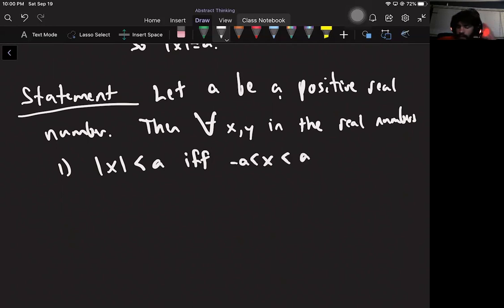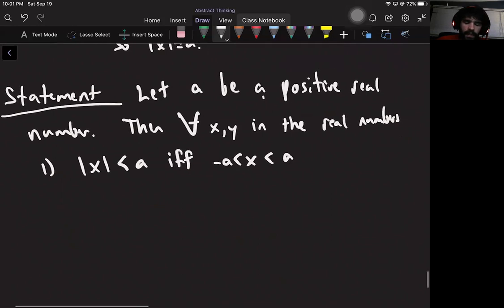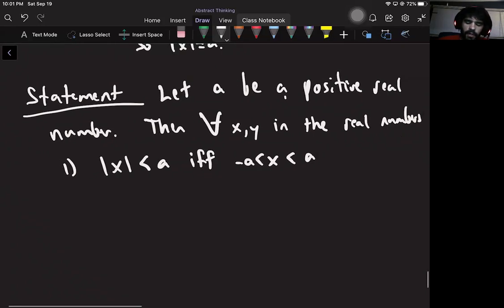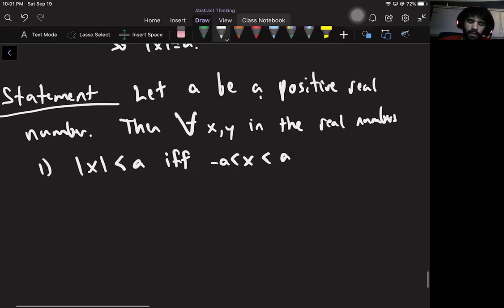That's another way to think about absolute values with regards to less than or equal to symbols. So if I change this to a less than or equal to, it would also work. So this being less than a number is like trapping it between the positive and the negative version of that number.